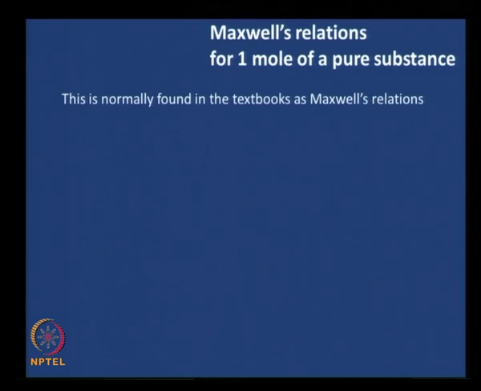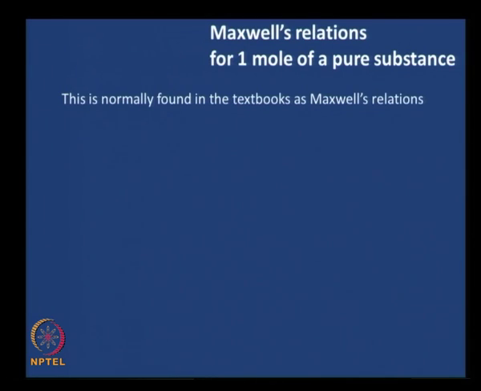Whereas in many different books, including your textbook initially when this is introduced, you would find the Maxwell's relations written for 1 mole, which means the mu_i dn_i terms, any dn_i related terms, will not be there, because you have only 1 mole and that is held constant.